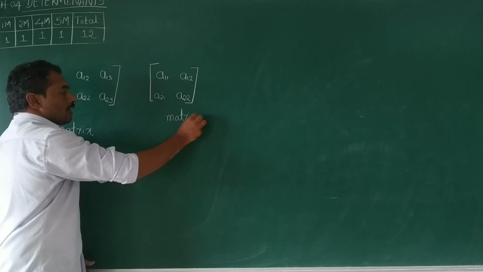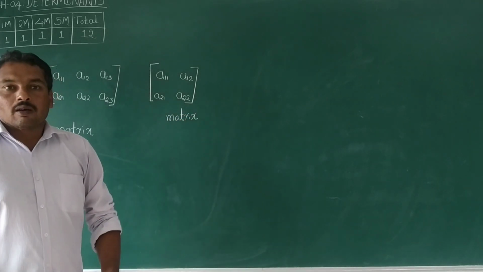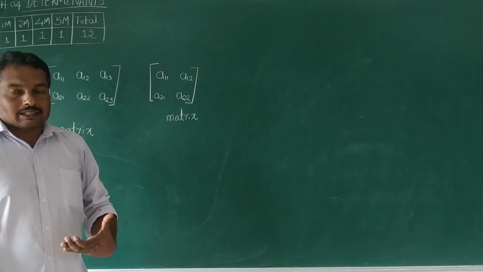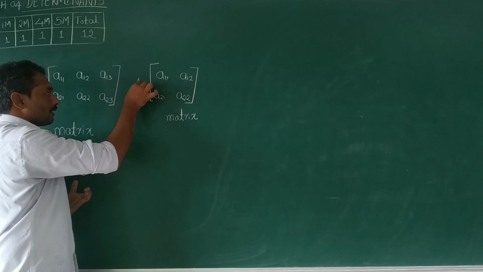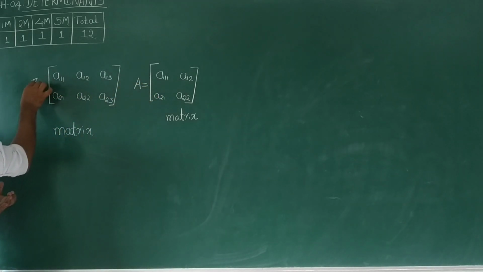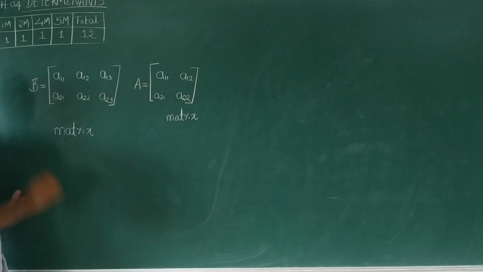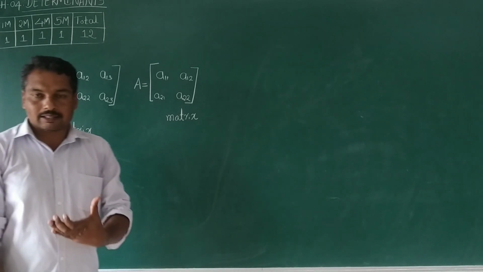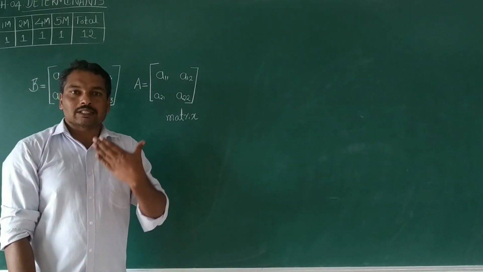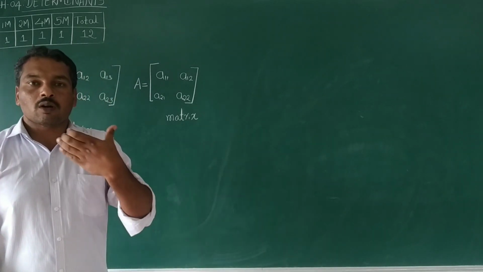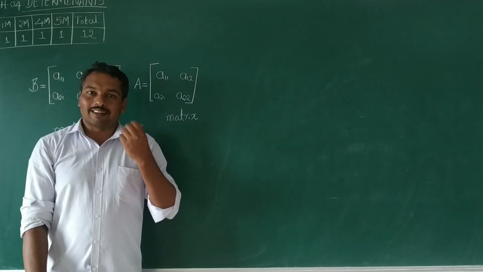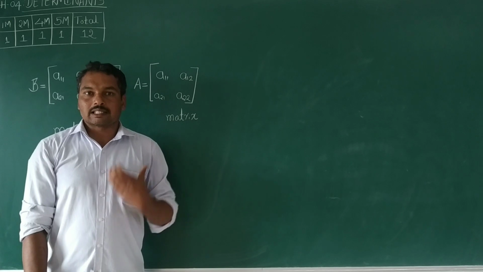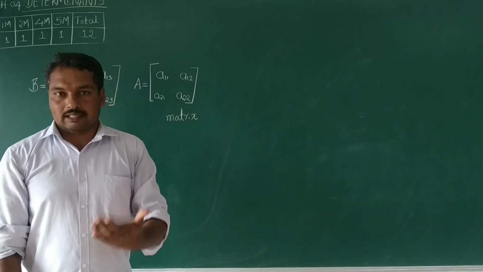We have also studied that matrices are usually denoted by English capital letters, and matrices is the plural word of matrix. One more thing we have already studied is the types of matrices.